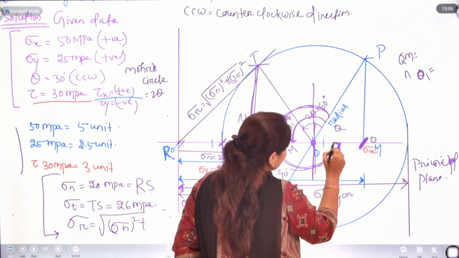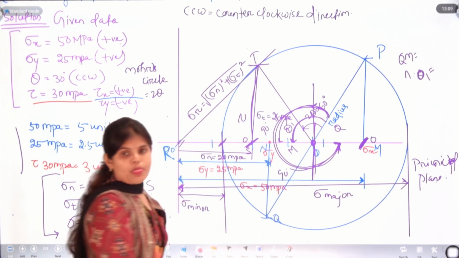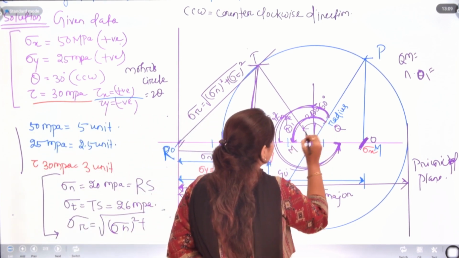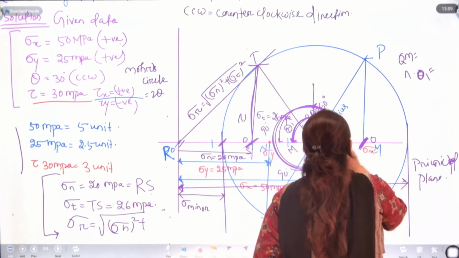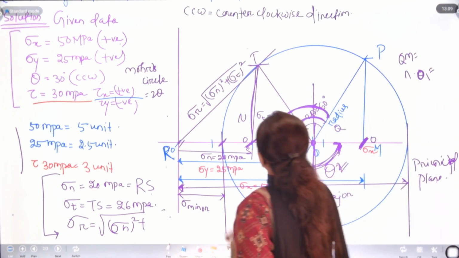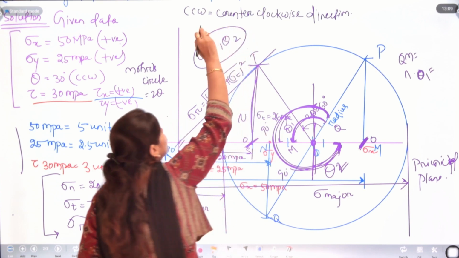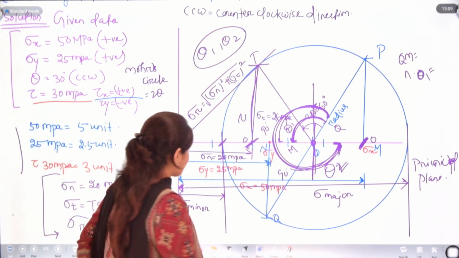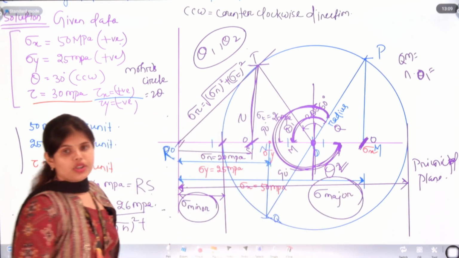Only you need to measure this angle and up to this angle. Okay. So in a protractor you can measure it properly and it will be your theta 2. Okay. If we have the theta 1 value and theta 2 value, then we can know the direction of principal planes, and from sigma major and sigma minor we know the magnitude of the stresses.